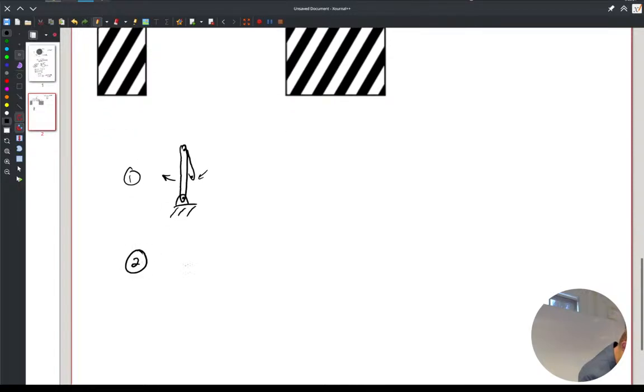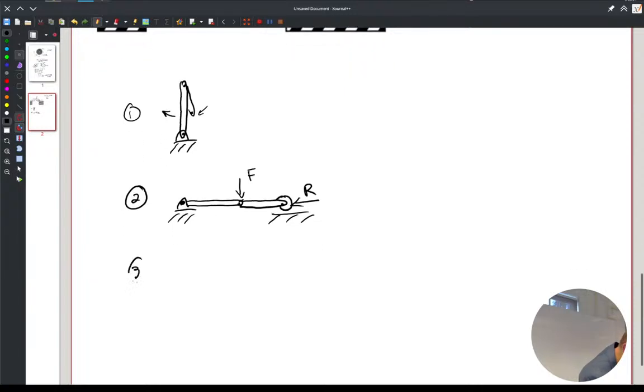Option 2 was make everything 0, totally flat. Option 3 was make theta 2 90.